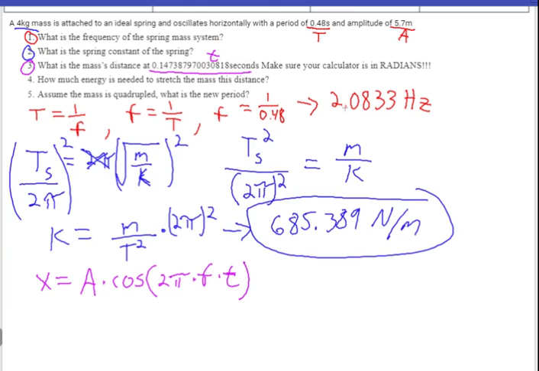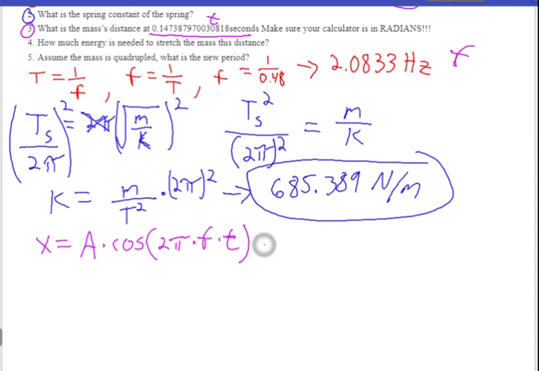My f, I already solved for. It's right here. So f is this guy, and then A is right here as well. So I have all the variables. All I really do is just plug this into my calculator and make sure I'm in radians. After I do that, I find out that my x should be -2 meters. And it's -2, meaning that my spring in this case is compressed, not stretched.